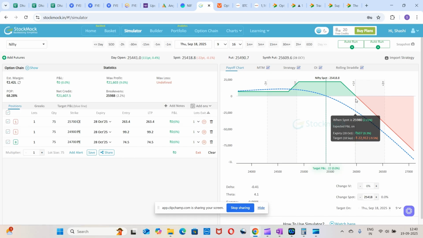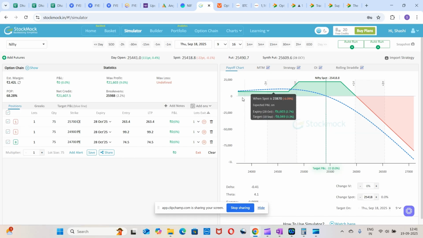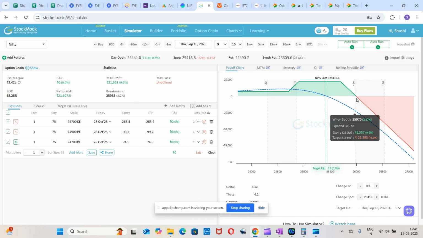And you will have no downside risk. Only if the market goes above this 25,988 break-even will you incur losses. Capital required is 2.42, POP is 68.28, and max profit you could make is 9% on the capital, 21,603.